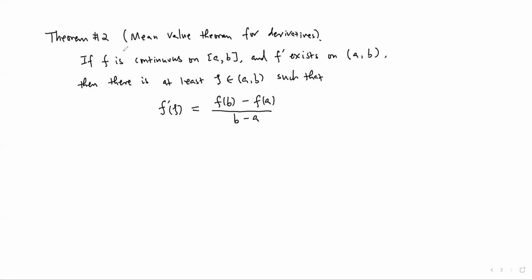This fraction is the slope of the line that joins the two endpoints of the graph of the function. So this theorem guarantees a tangent line that is parallel to the line that joins the two endpoints of the graph of function f.